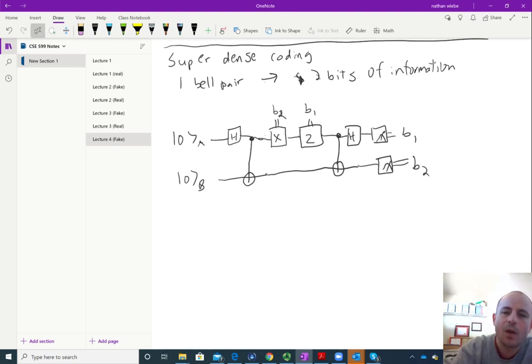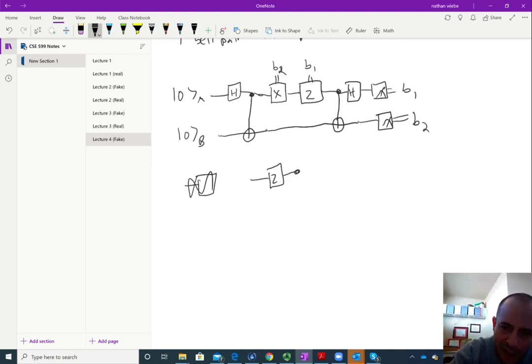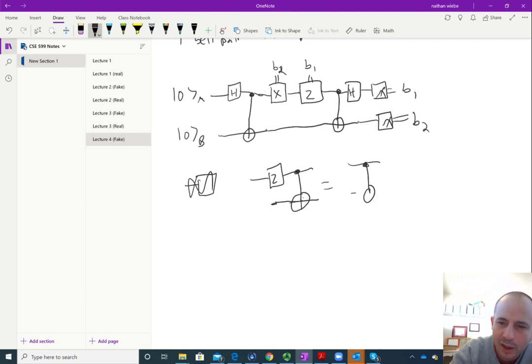We can prove that this measurement result holds just by using circuit identities. The first circuit identity we're going to use is that Pauli Z acting on a controlled NOT is the same thing as controlled NOT acting on Pauli Z. The reason is that the Z is acting on the control bit.